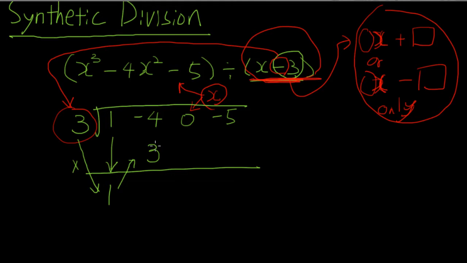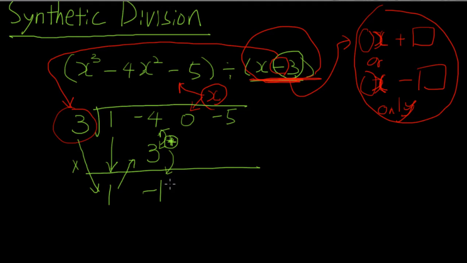Okay, once we write it like that, what's next? The next step would be to combine these two together. So we're going to add these two together. Negative 4 plus 3 becomes negative 1.